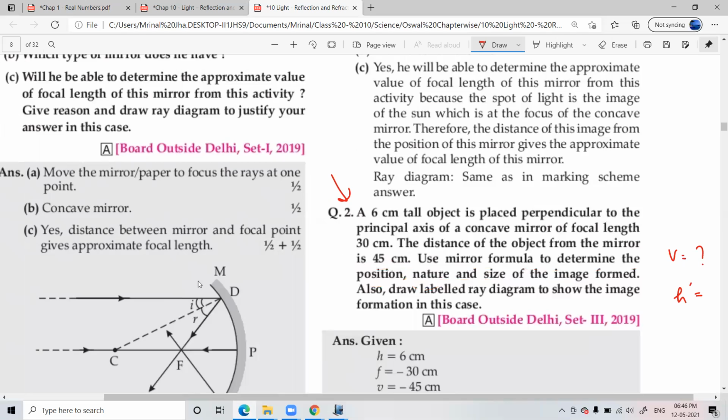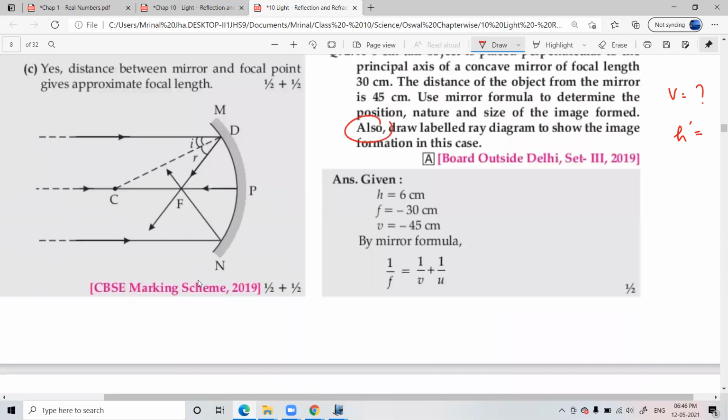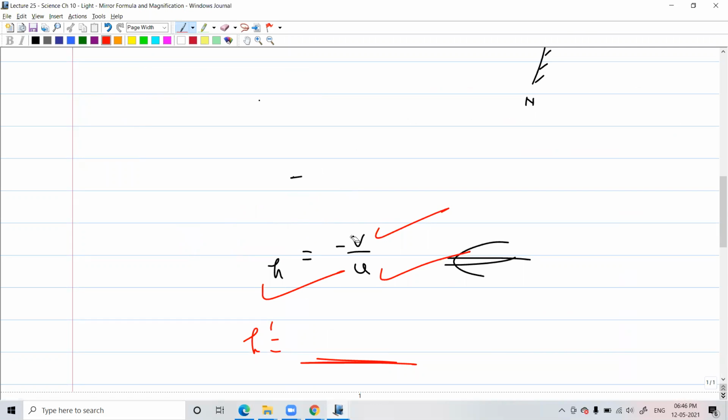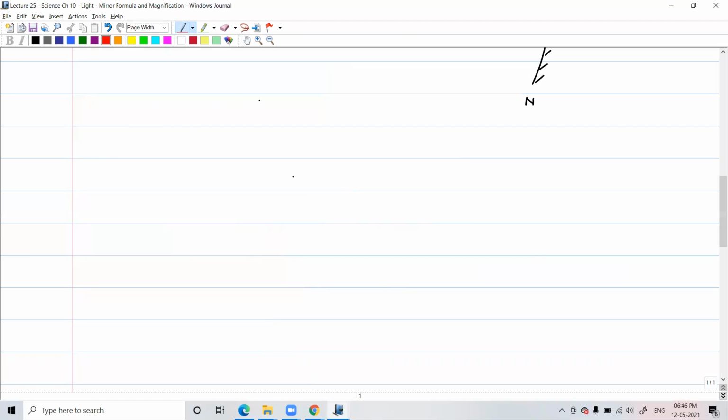Also, they're asking you to draw the labeled ray diagram to show the image formation in this case. So let's start it phase-wise, properly with steps.